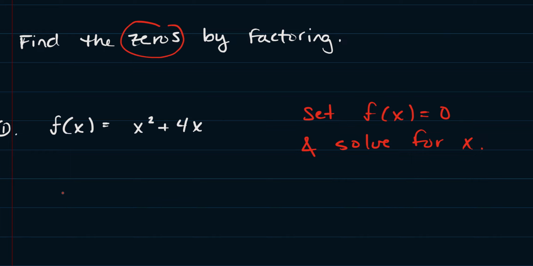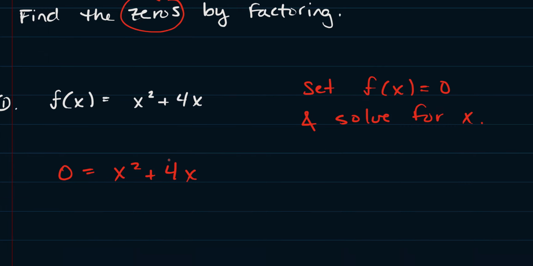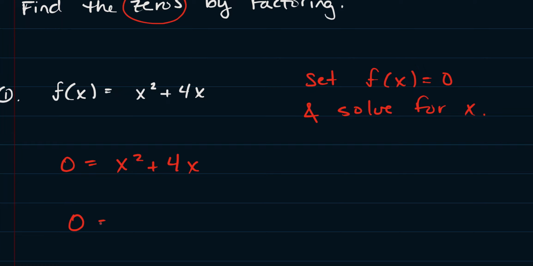So just set this equal to 0, and then we factor the right hand side. So we have to review how to factor. When we want to factor something, we always start by taking out the greatest common factor. We look at what we have and see if there's something we can factor out. Both of these terms have an x in common, so I'm going to factor that x out.